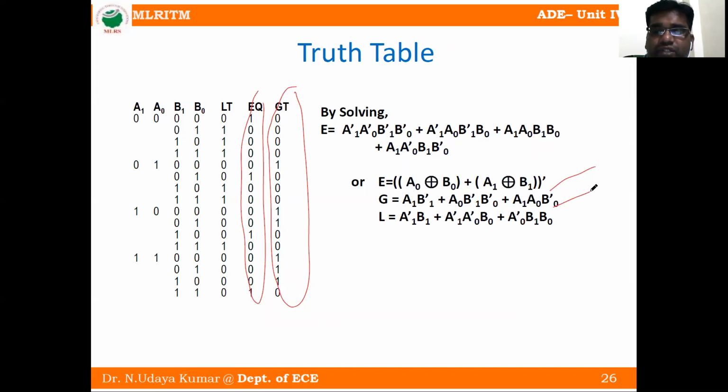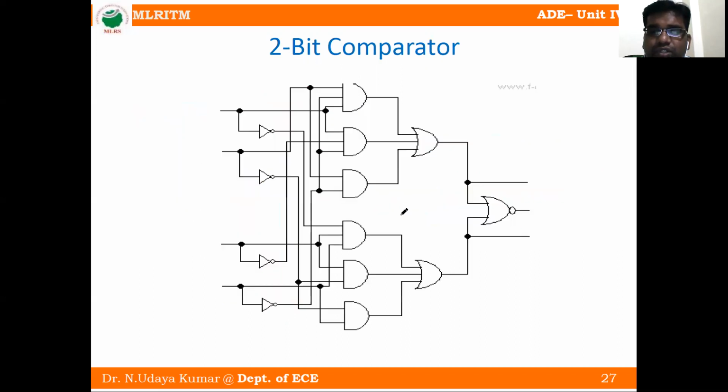We will get this one, and less than. So by solving this one, we will get the expressions. Based on E, G and L, we will design the combinational circuit. So this is called a 2-bit comparator.